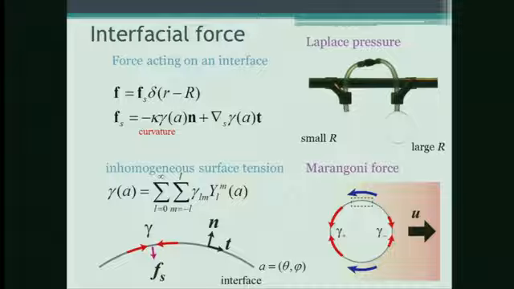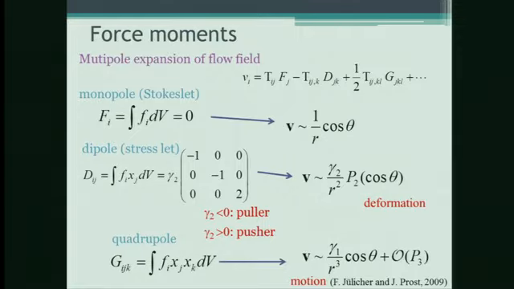And we could expand surface tension in terms of spherical harmonics in 3 dimensions, and the cosine and sine in 2 dimensions, and then we could analyze the structure of force moments in this system.